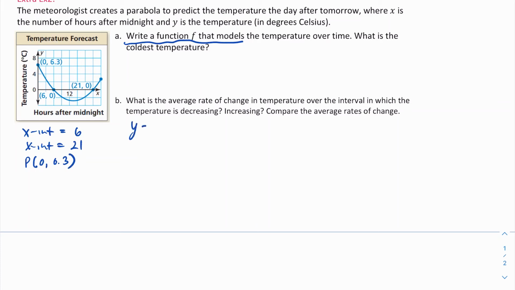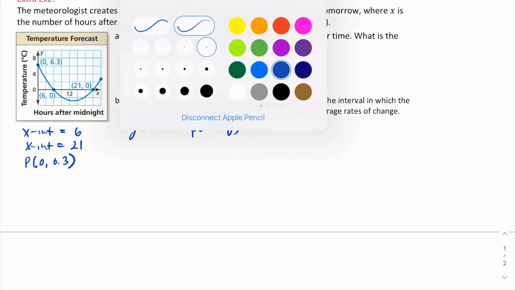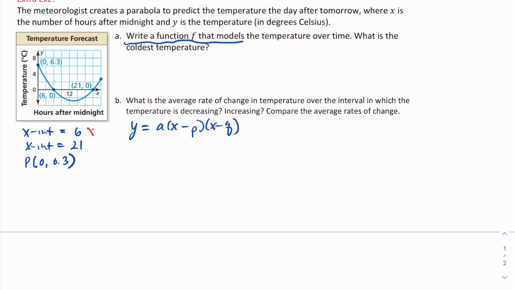Using this equation, y equals a times x minus p and x minus q, this is your p and q, and this is your x and y in that formula.